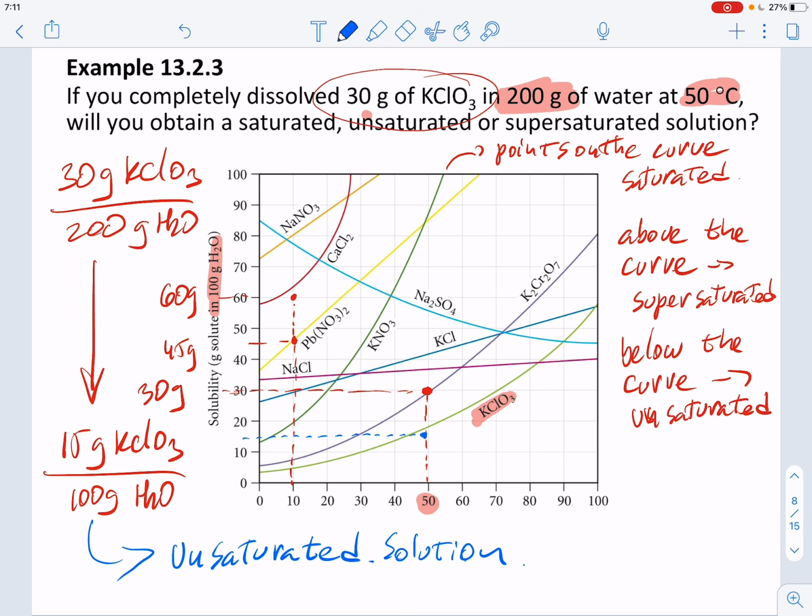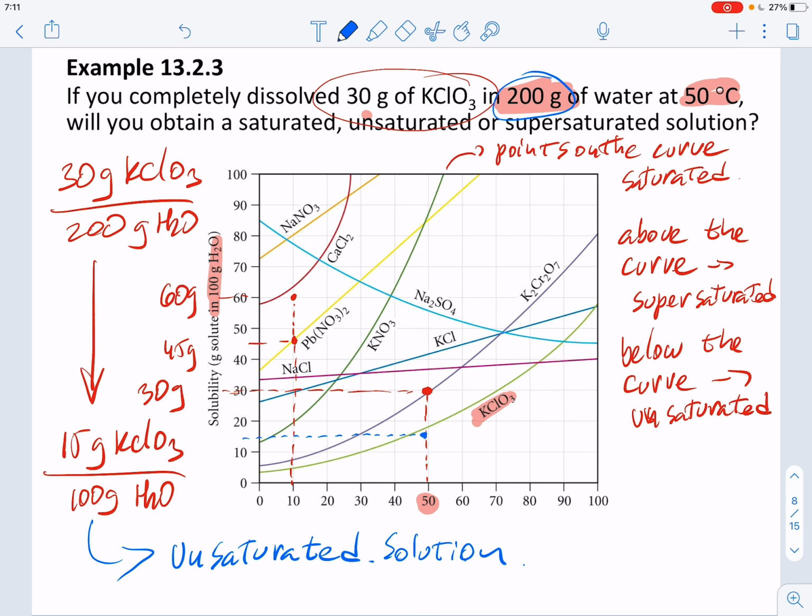So pay attention to what amount of water you are working with. It could be more than 100, it could be less. Just multiply by the proper factor to put that point over on the chart. Okay? Convert that amount of water to 100. Whether you have to multiply or divide, whatever you do to the amount of water, you do to the amount of the solute.